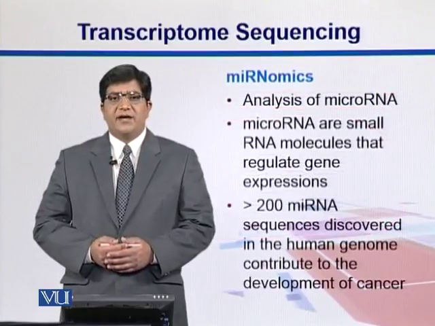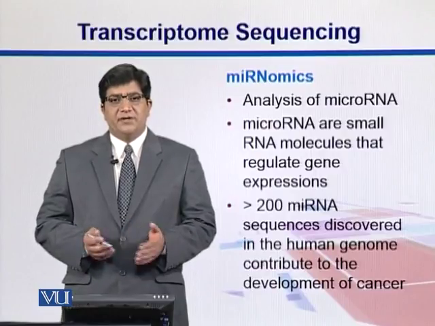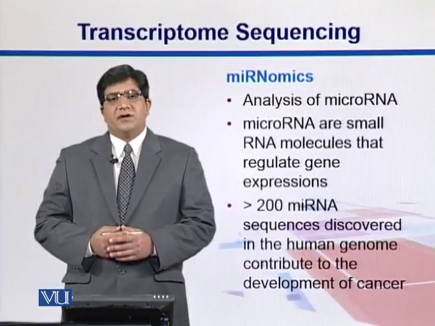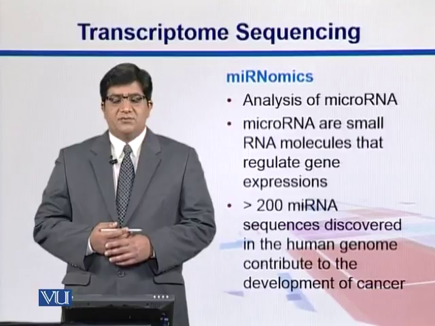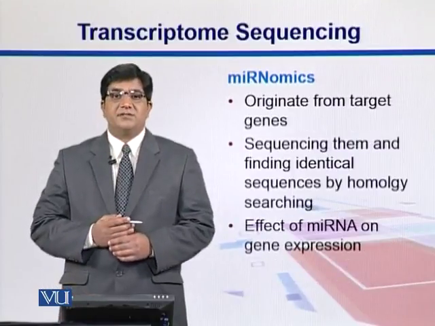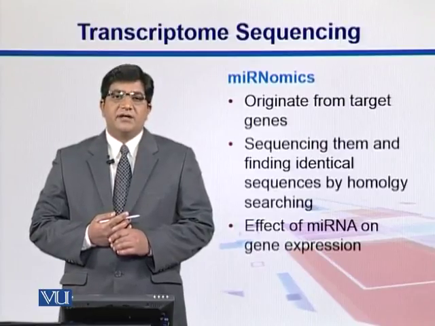Genomics is the study of microRNA. MicroRNAs are small molecules, about 22 nucleotides in size, and we have seen that so far in cancers they have identified over 200 microRNAs. So microRNA study is really important if we want to study the gene expression. They are believed to originate from the target genes.